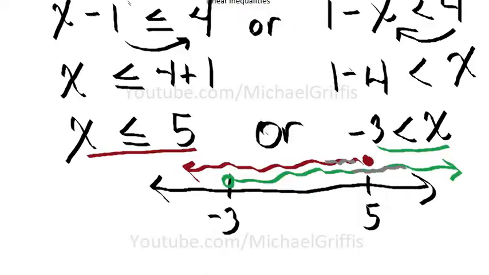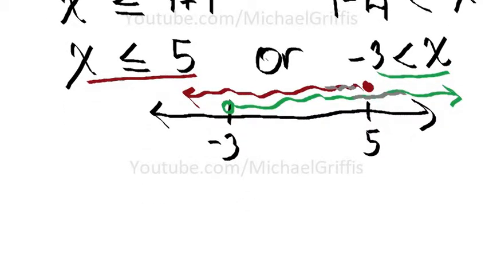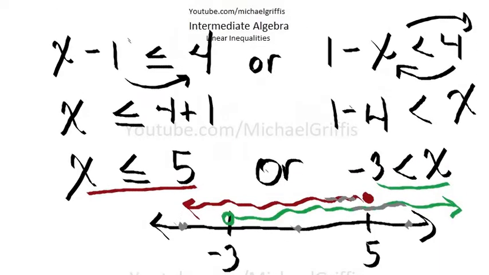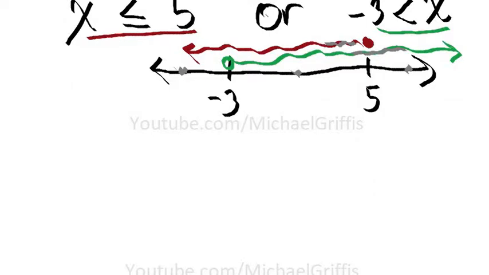In other words, we could choose any number on the number line, and it will be true for either that inequality or this inequality, or possibly both. That would be in here somewhere, right where they intersect.